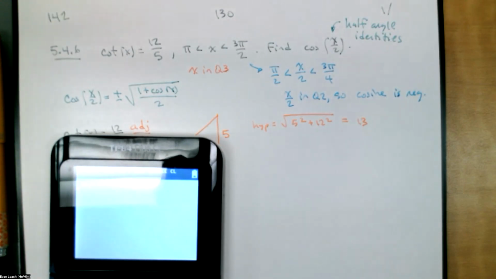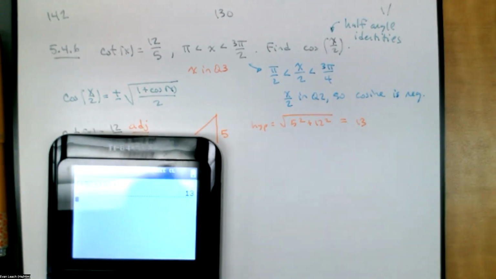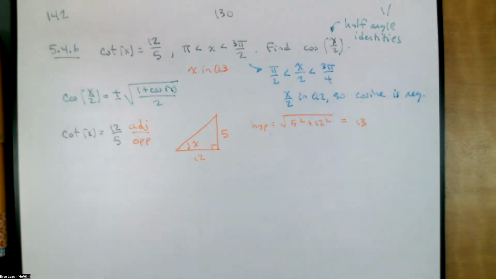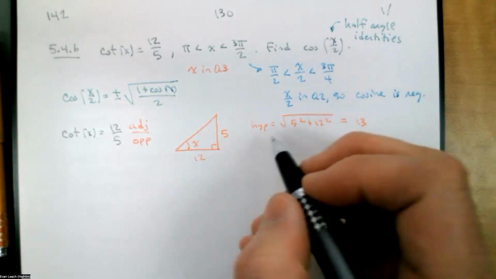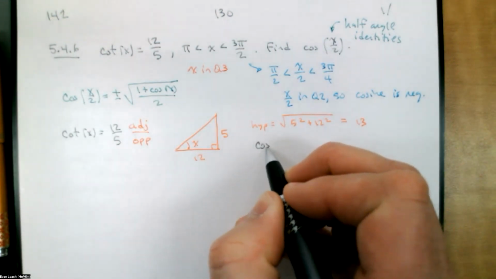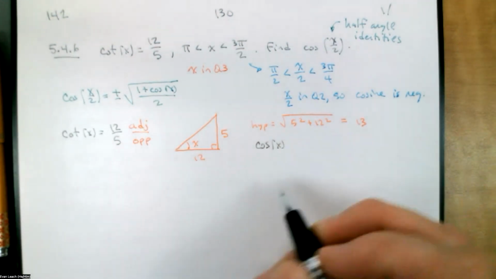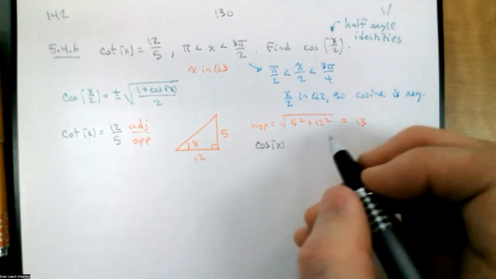So the square root of 5 squared plus 12 squared: 5 squared plus 12 squared is 169. Square root of that is 13. So now we have the hypotenuse. So from there, we can write down the cosine of x is adjacent over hypotenuse.